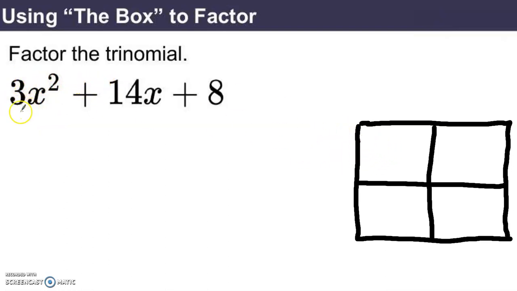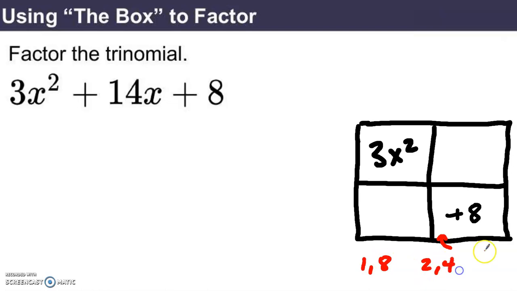So let me still think about putting 3x squared in the upper left, and fitting the positive 8 in the bottom right. And I still want to think about, like we did in the last video, what my options are for ways to multiply two numbers and get positive 8. I could use 1 and 8, or I could use 2 and 4.